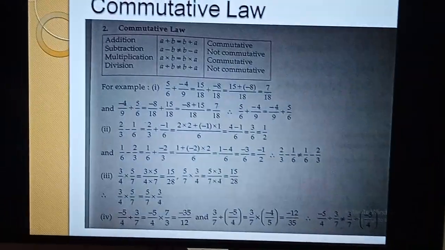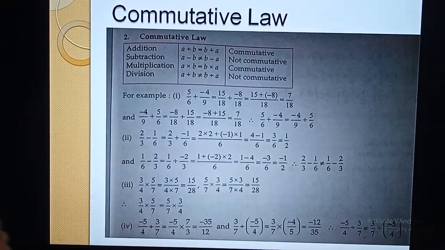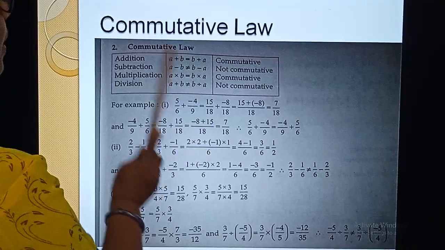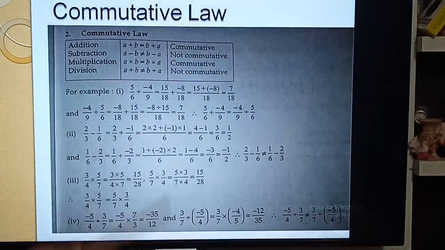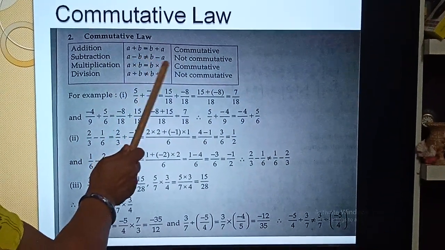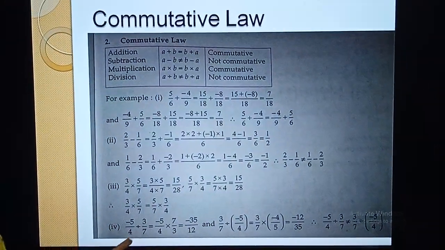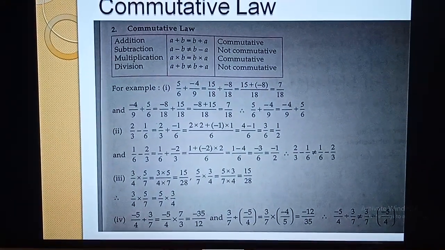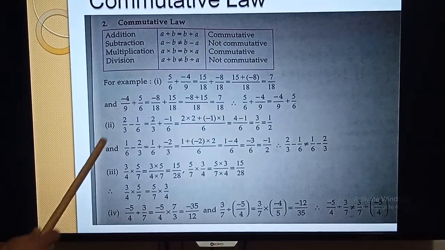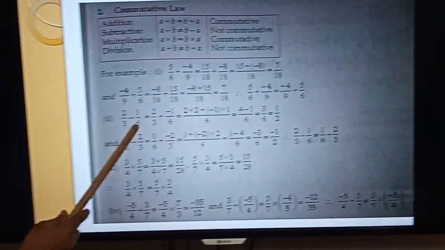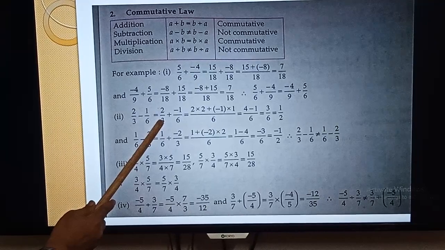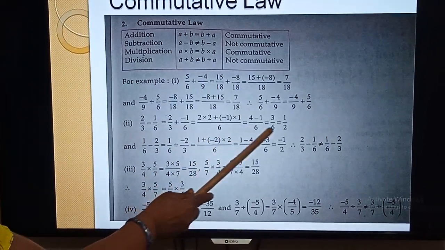Now let us come to subtraction. So A and B are any two rational numbers, then A minus B must equal B minus A. Whether it is possible or not, we have to see with an example. See, example second. 2 by 3 minus 1 by 6 is equal to, on simplification, at last we get 1 by 2.